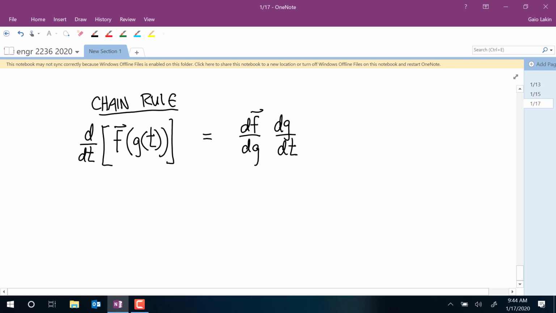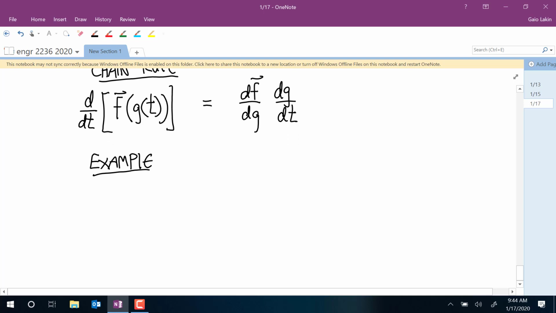So let me do an example of this one. Let's say that this vector f is equal to 2g and then g squared.